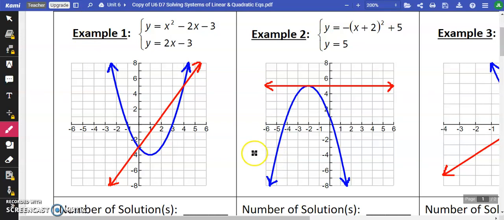So when I'm looking at the number of solutions, I notice that the two curves cross twice. So that tells me that there's going to be two solutions to this system.